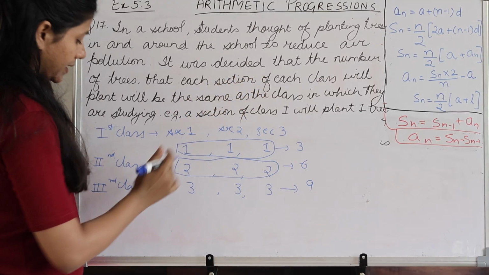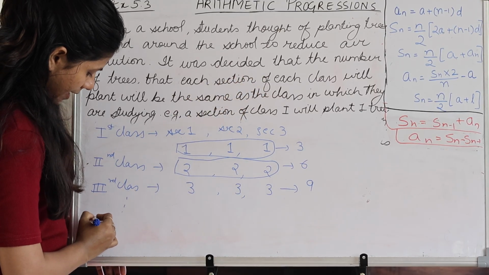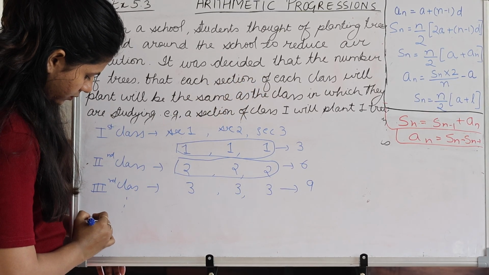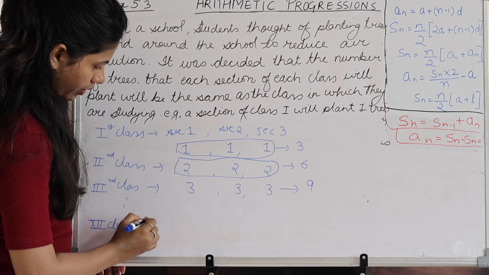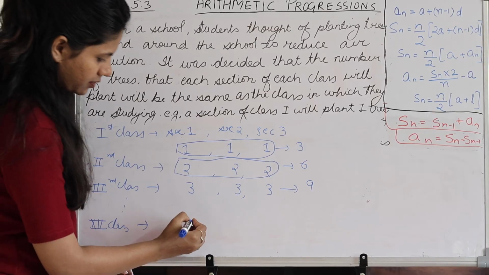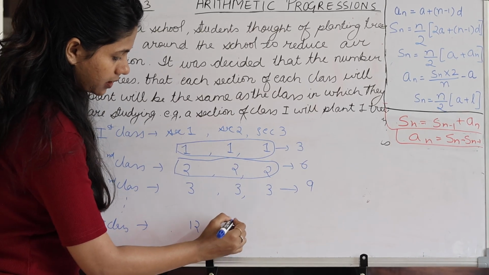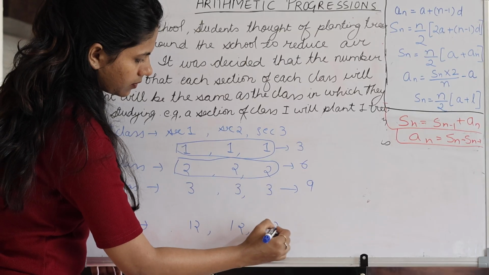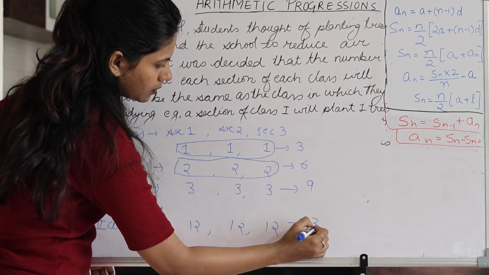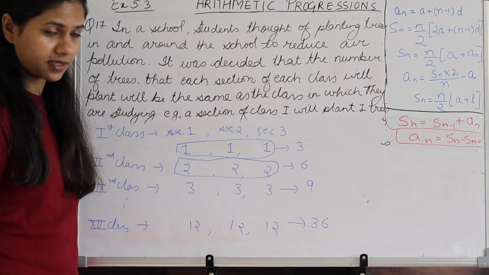So let's see, in the same manner class 12. How many will they be planting? They are in class 12, so section A, section B, section C. How many plants? 36.